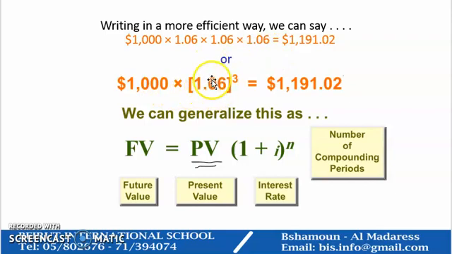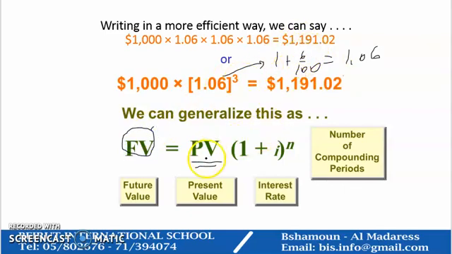So I can simply write it like this, and as I said before, this quantity is equal to 1 plus 6%, which is 1.06. For this reason we use it. Now this is the future value, which is $1,191.02, and this is the present value, or the principal, the actual value that we borrow or put at the first time, which is $1,000.